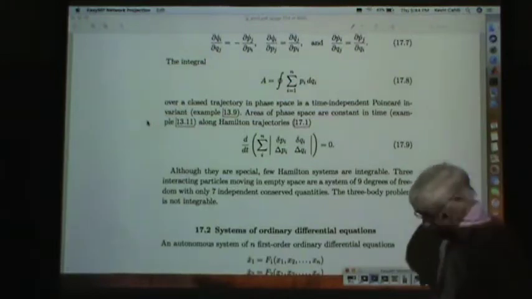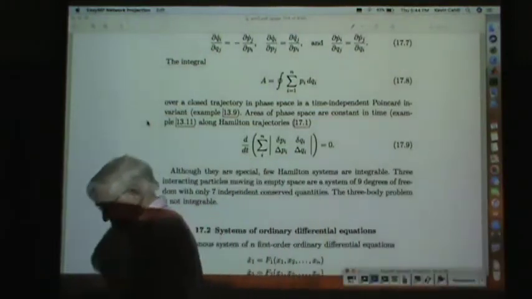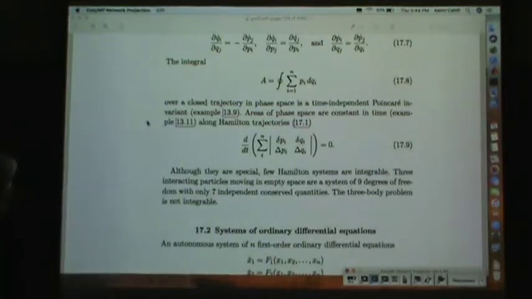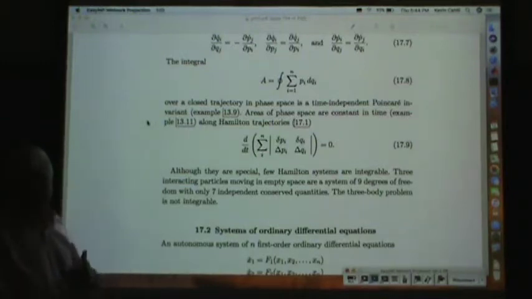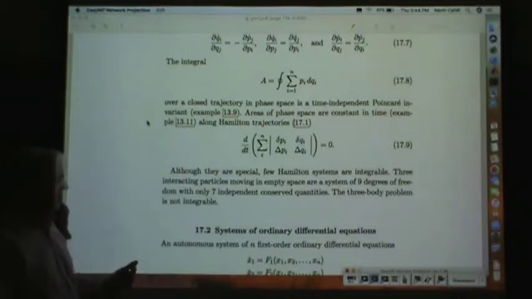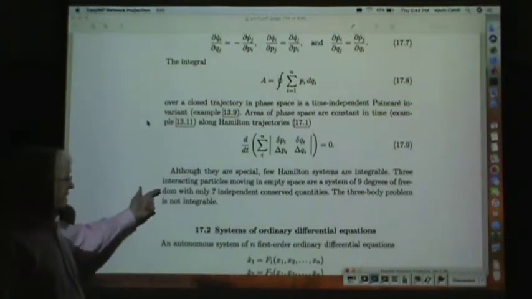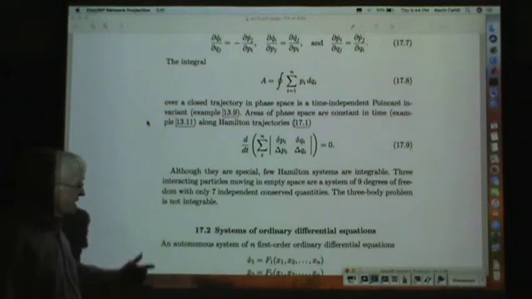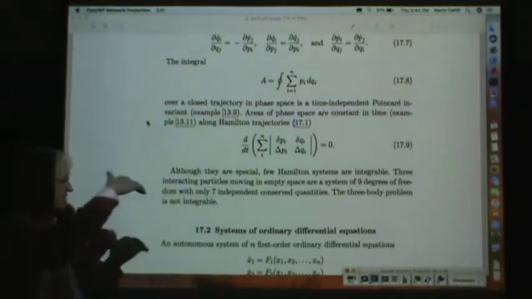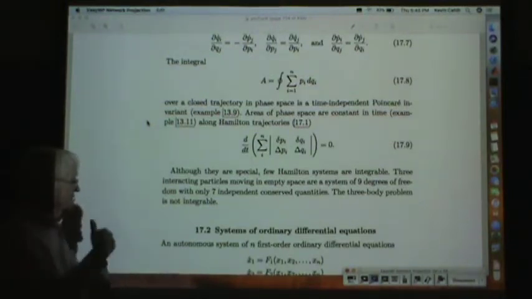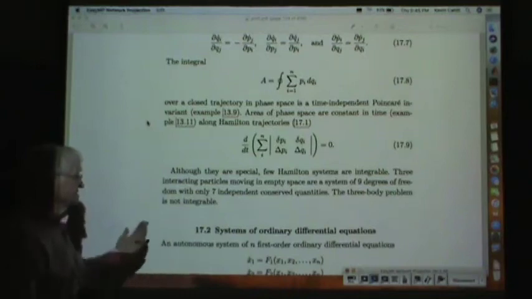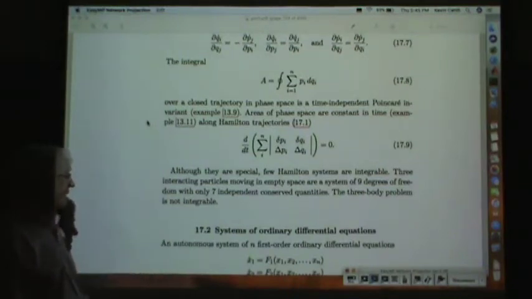On the other hand, even though Hamilton systems are very special, few of them are integrable, and in particular the two harmonic oscillators that were interacting, that's not an integrable system. And moreover, if you have three interacting particles, say interacting gravitationally, moving in empty space, it's a system of 9 degrees of freedom, but only 7 independent conserved quantities.